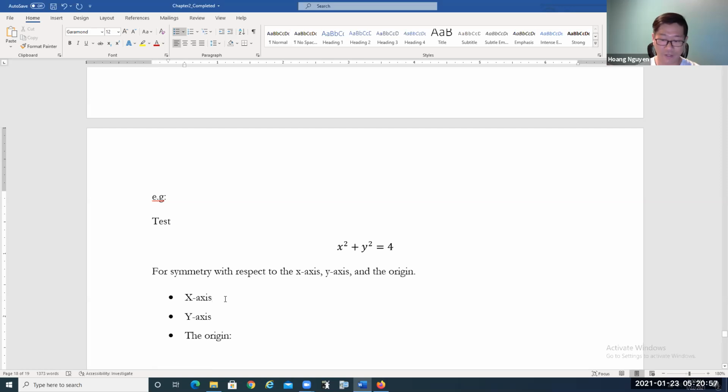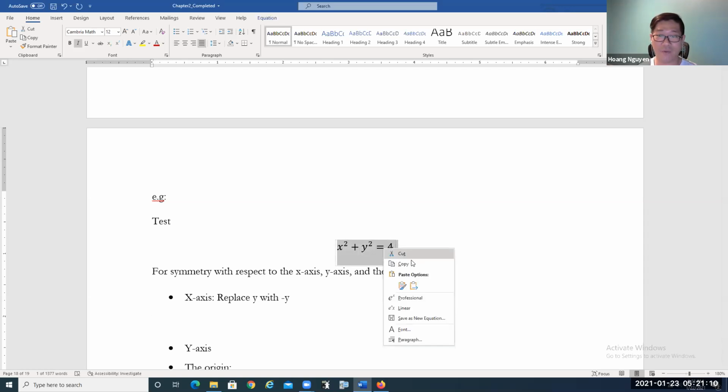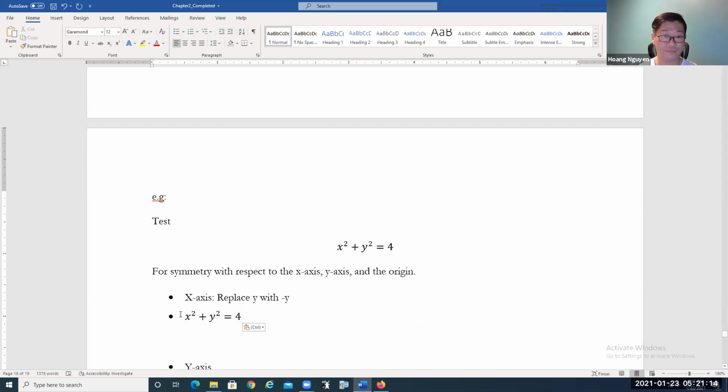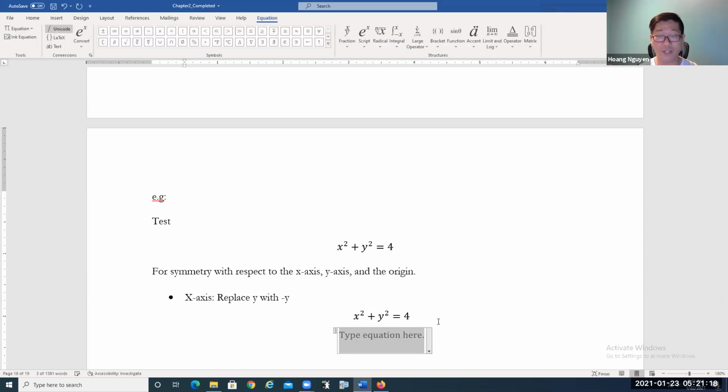Okay, so for the x-axis, we're going to replace y with negative y, right? That's what the summary indicates. So I'm going to copy the original equation first. This is my original equation. Now I will replace y with negative y.